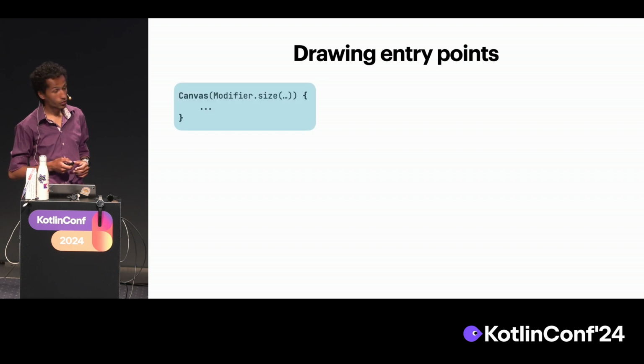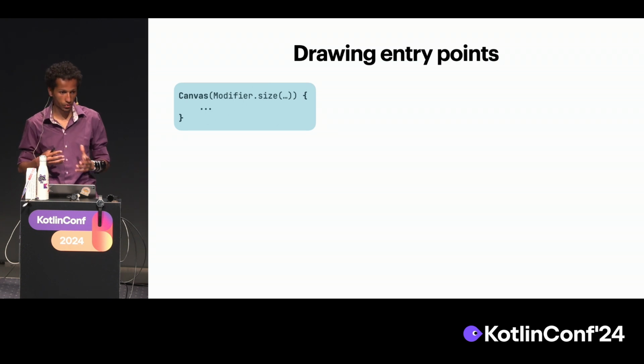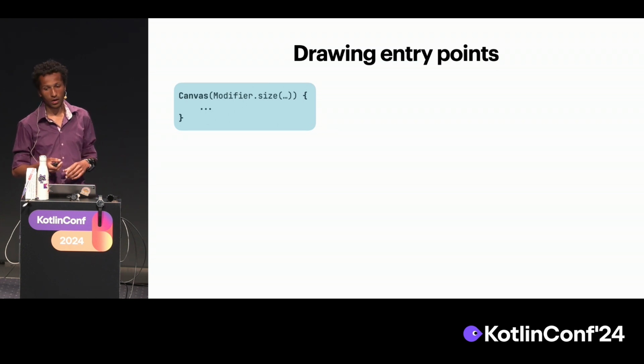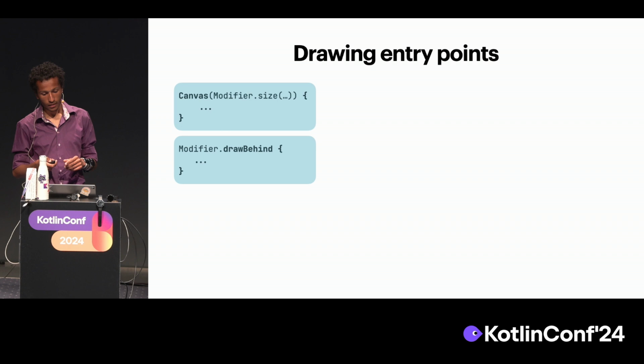OK, so to draw, there are several entry points in Compose. You have a Canvas, where you have to specify some size constraints. For example, you can specify a size in DP, or it could be whatever, based on where it is. You have the modifier.drawBehind, which is almost the same thing. Actually, Canvas is using modifier.drawBehind.